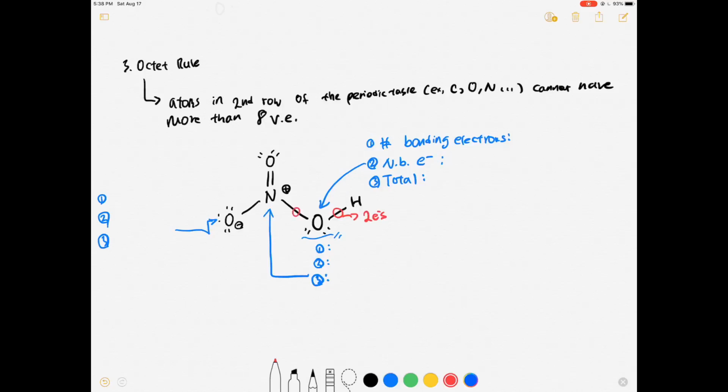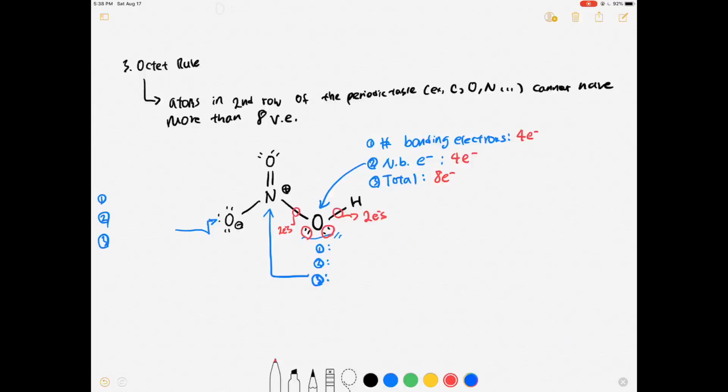There's another bond over here, so there are 2 electrons here too. So in total, for oxygen, there are 4 bonding electrons. The non-bonding electrons are lone pairs. You have 2 over here and another 2 down here, so a total of 4 non-bonding electrons. So in total, the oxygen has 8 electrons.